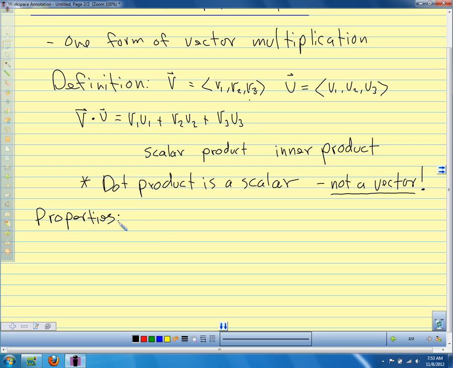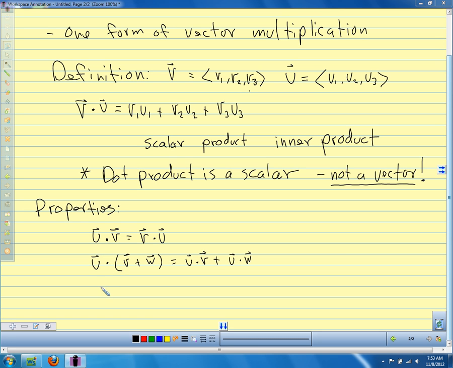U dot V equals V dot U. U dot (V plus W) equals U dot V plus U dot W. So we have the distributive property, and the first one is our commutative property.